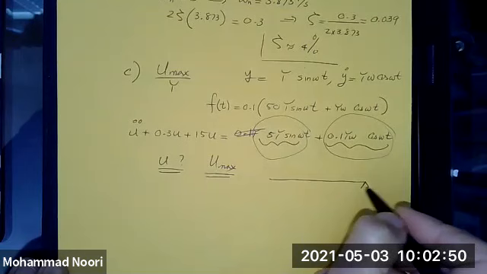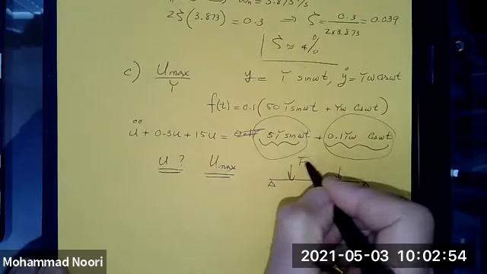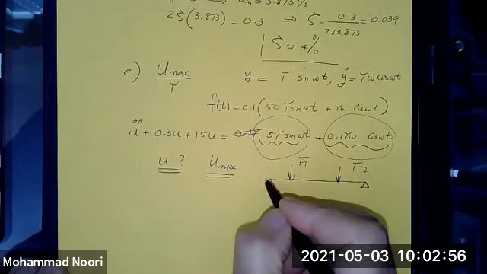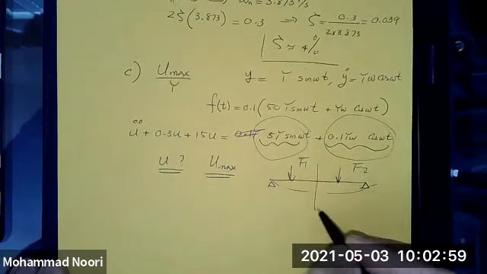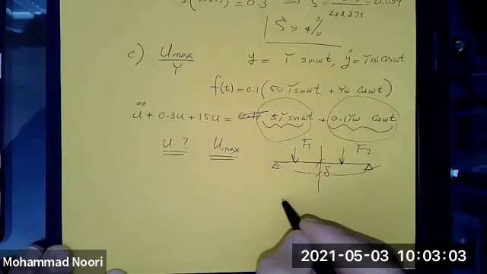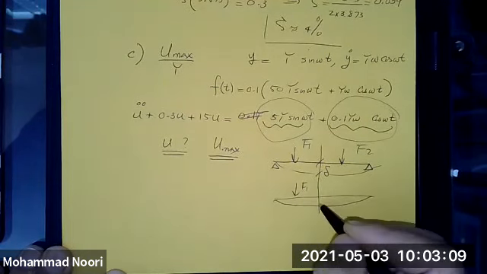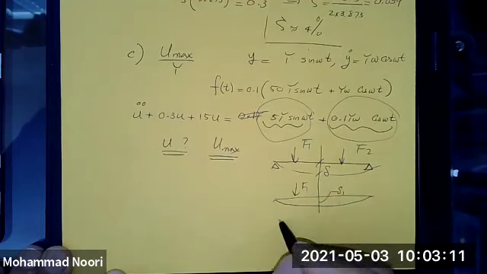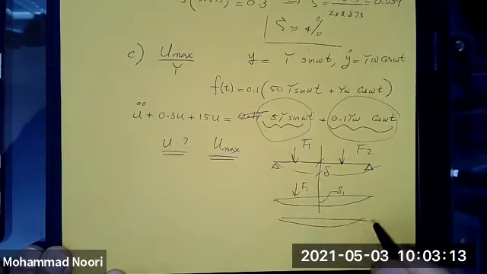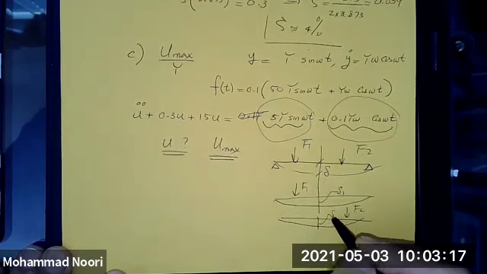Remember, let's say in strength of materials, you had a beam with these two loads, F1 and F2, and you wanted to find the displacement in the middle, delta. You can find the displacement in the middle due to this force, delta 1, and find the displacement in the middle due to this force, F2.